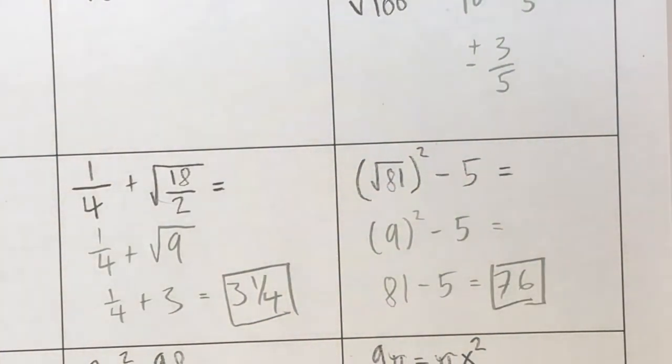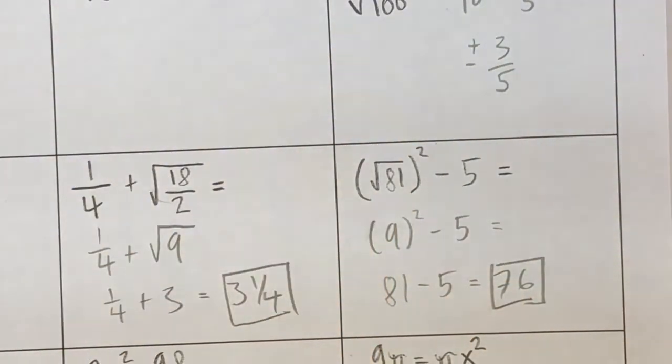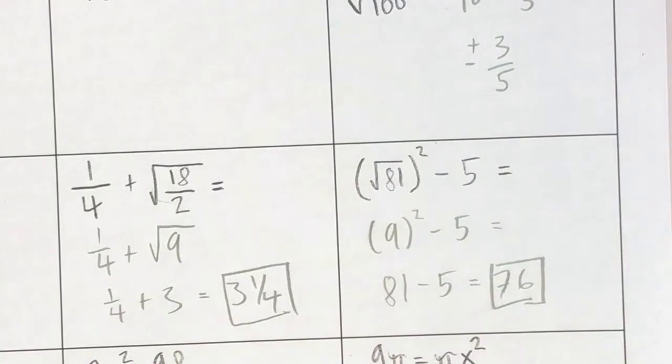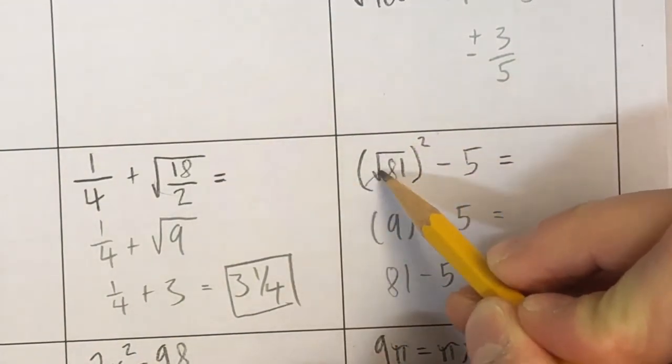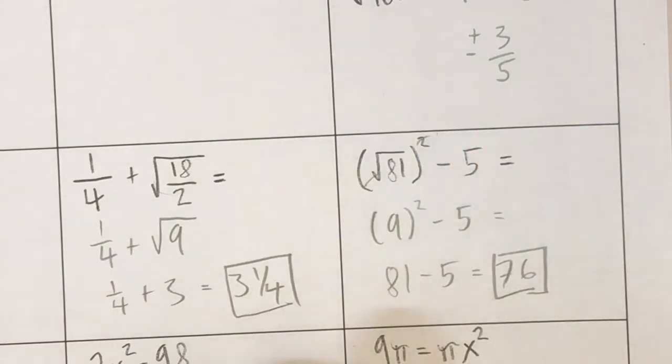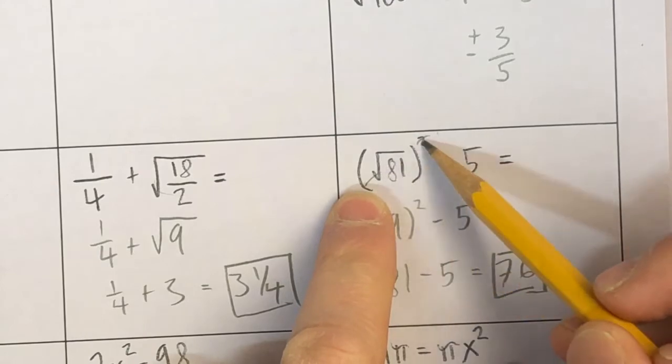Now you might have noticed, well, what the heck? We started with 81 in the first place, and yeah, that's true. That's because squares and square roots actually cancel each other out. So you could show me these steps, or just cancel out the square and the square root.